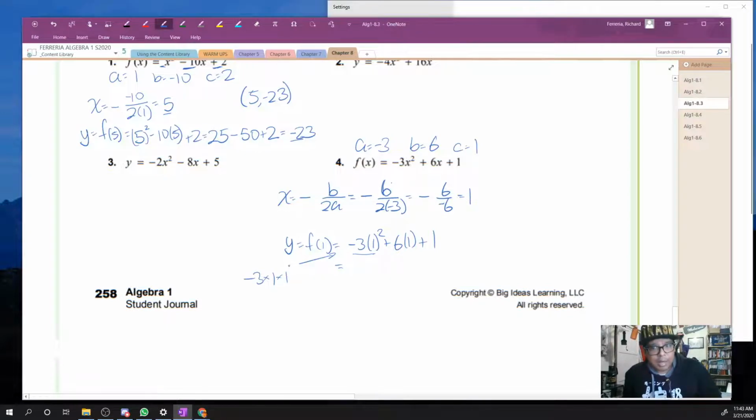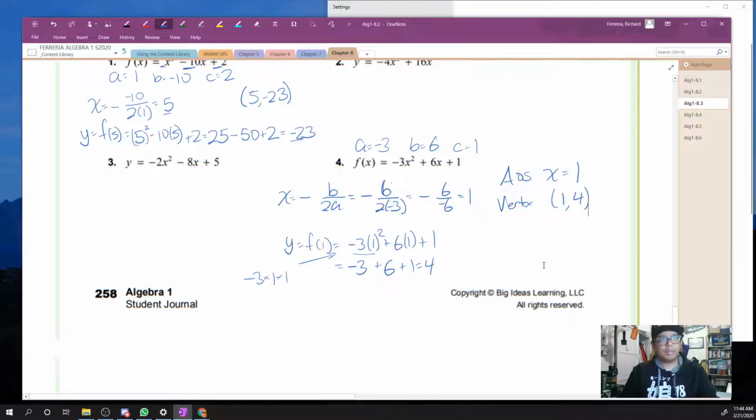Negative 3 times 1 times 1, that is what? Negative 3. Yeah. 6 times 1 is 6. Negative 3 plus 6 is positive 3. Positive 3 plus 1 is positive 4. So our axis of symmetry is x equals 1, and our vertex is 1, 4.